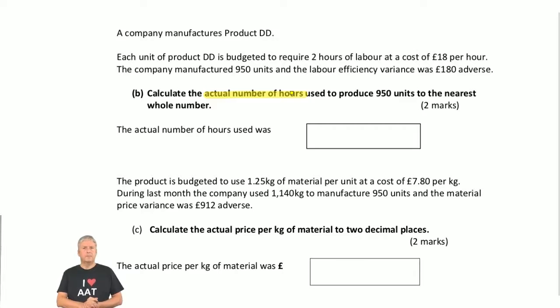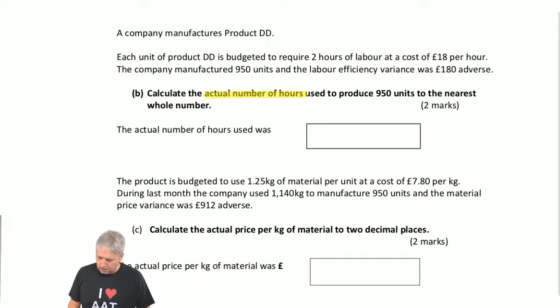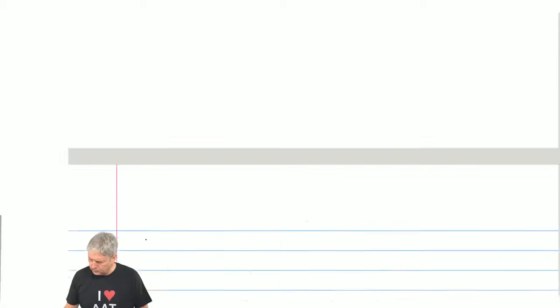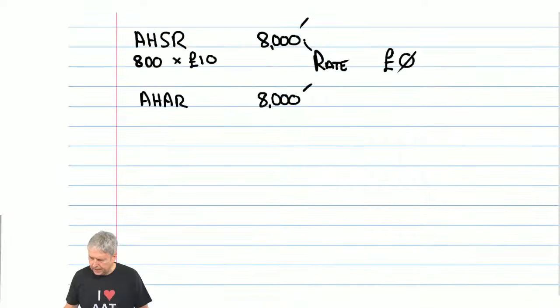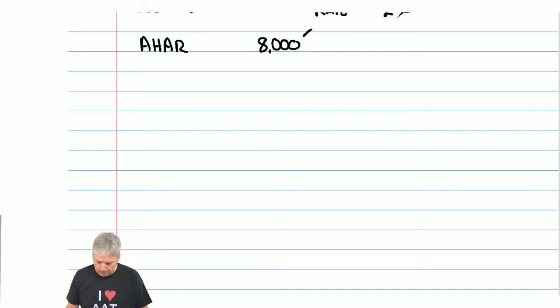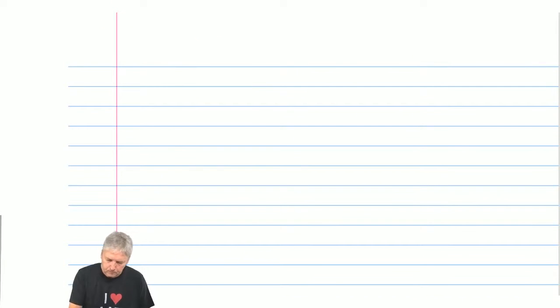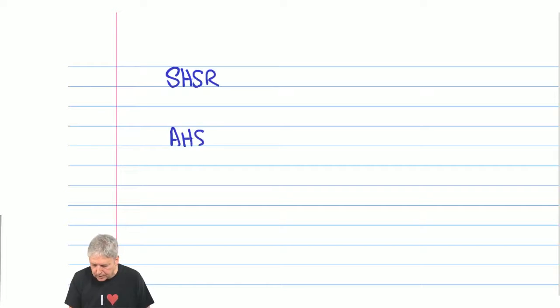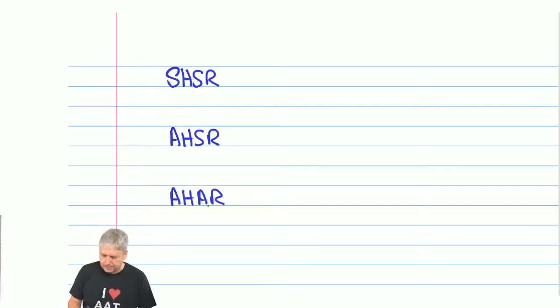Okay. Well, the way I go about this is precisely the way I go about the previous calculation. So we're talking here about labour. And so if that's the case, let's start with our labour pro forma. Our labour pro forma is standard hours standard rate, actual hours standard rate, and actual hours actual rate.